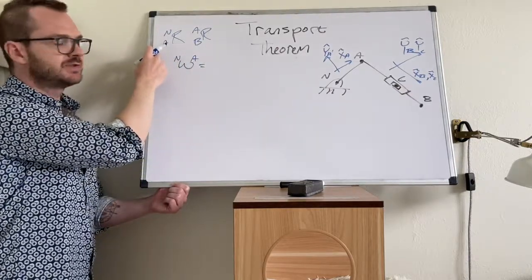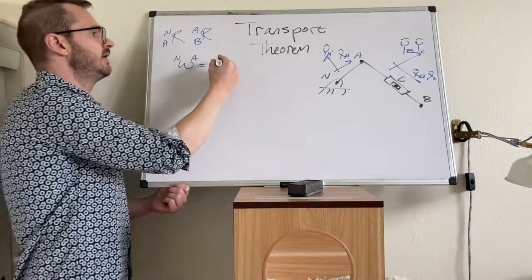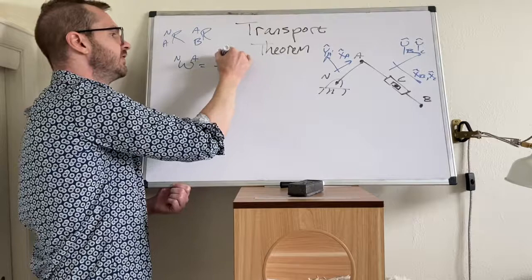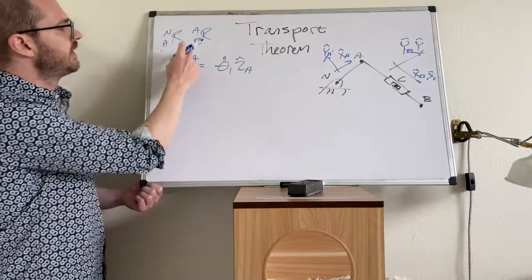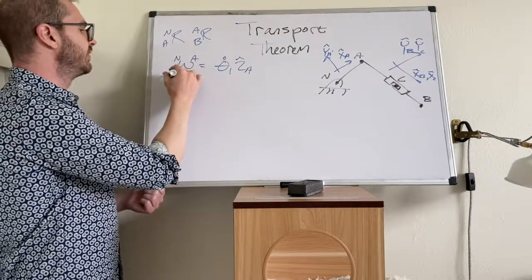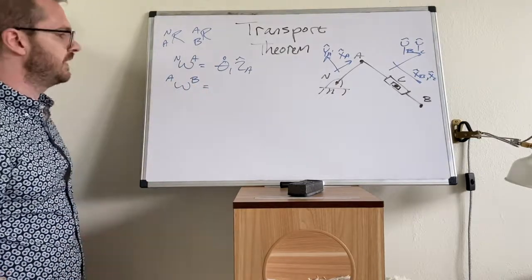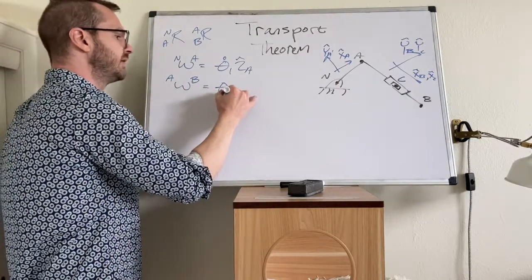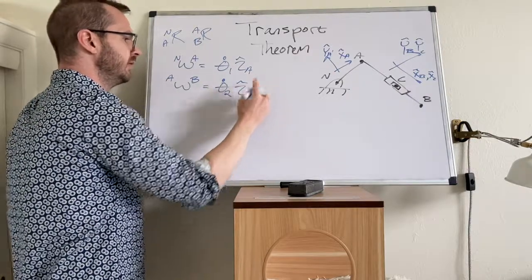Because you did the rotation from N into A, you define your angular velocity N into A, and that was theta 1, so this is theta 1 dot, and we're rotating about ZA. Next, because we define the rotation from A to B, when we define omega, omega is from A to B. The angle is theta 2, which makes this theta 2 dot around ZB.